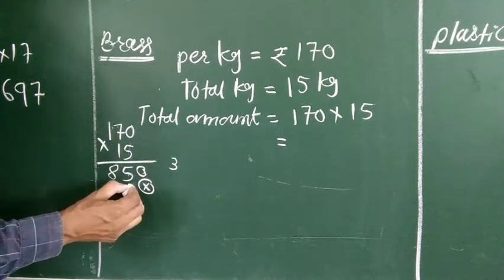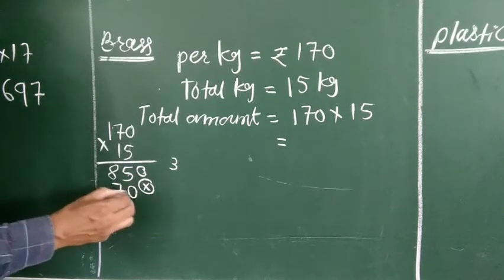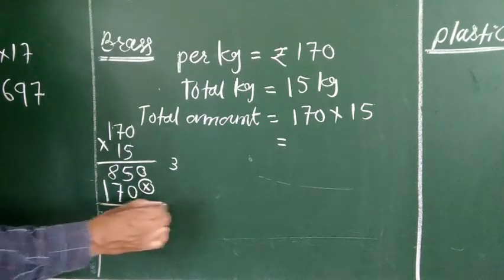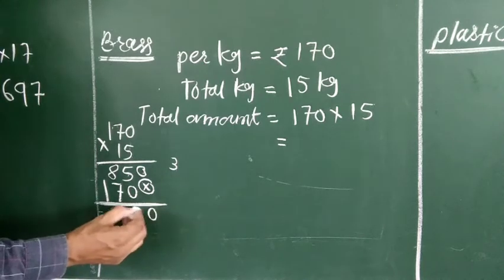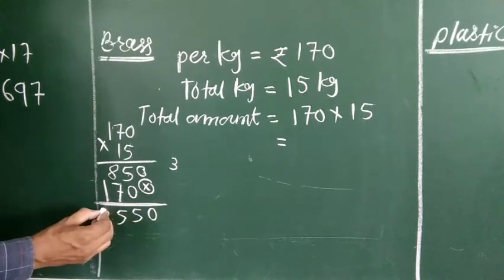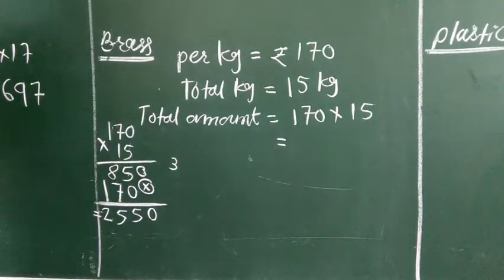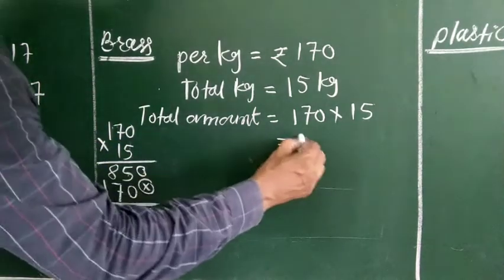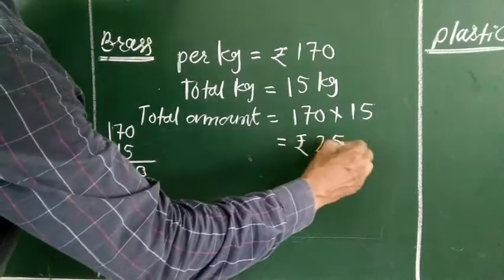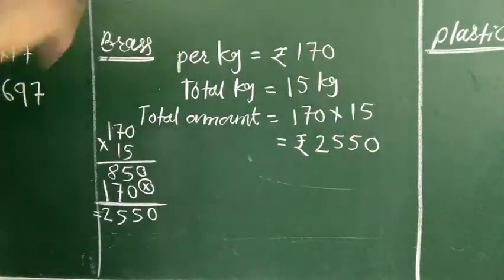Now it is 0, 7 1s are 7, 1 1s are 1. Now it is 0, 5, 50 and 1 plus 1, 2. It is 2550. So this is rupees 2550. Okay?